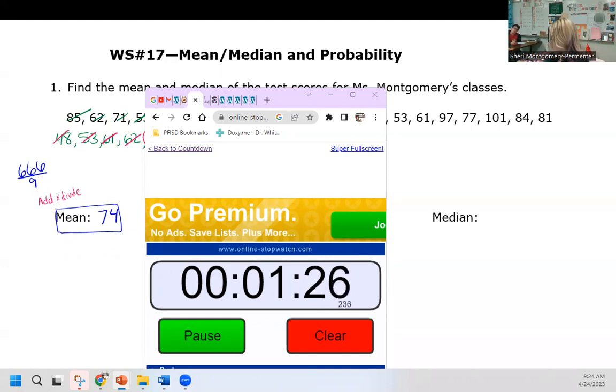Is to add the numbers together and divide by how many numbers there are. Yep.